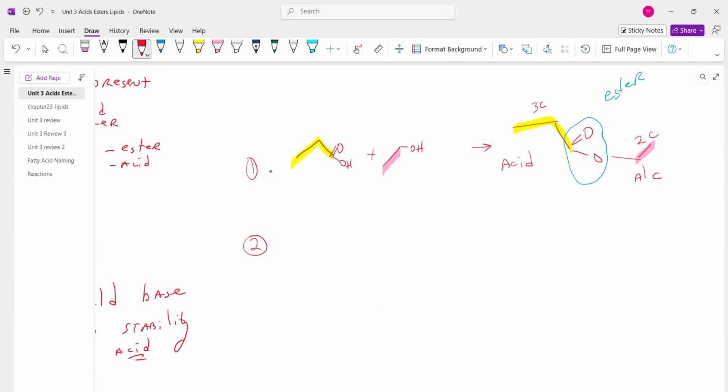And method number 2: the alcohols are all the same. What changes is the acid derivative.